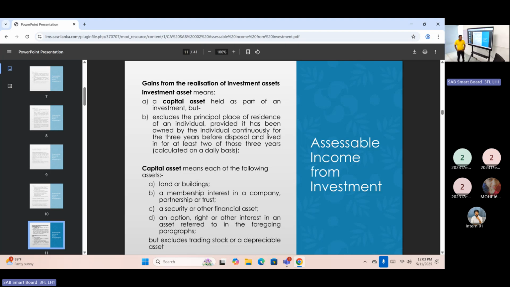And option right or other interest in an asset referred there. So any option right connected to these things is also considered a capital asset. If the capital asset is part of an investment asset, and there is realization on that asset and a gain, it shall be part and parcel of the assessable income of the investor.